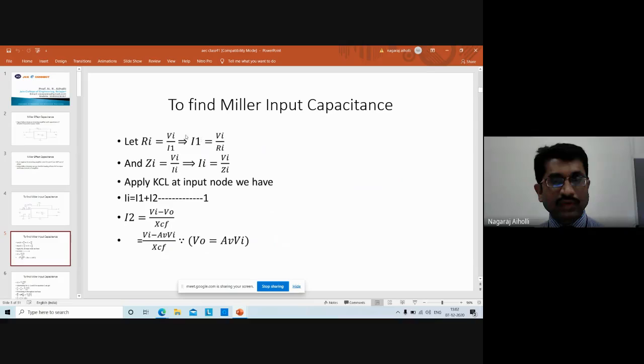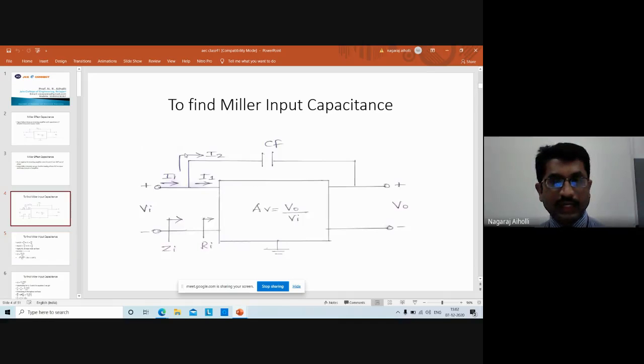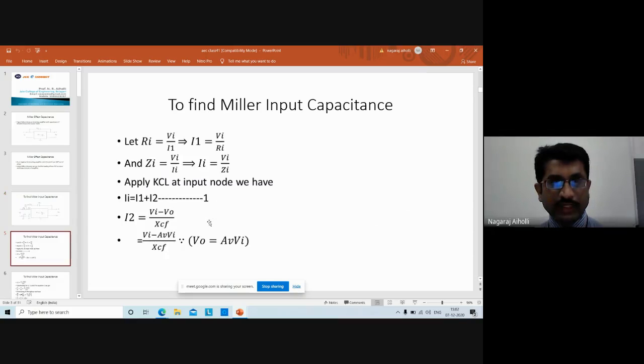Let Ri be equal to Vi upon I1. This resistance Ri is nothing but the input voltage Vi divided by I1. Rearranging, I1 will be equal to Vi by Ri.